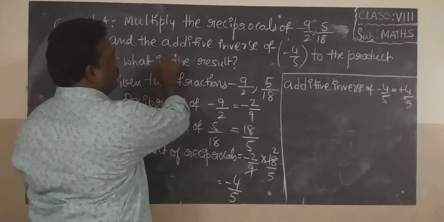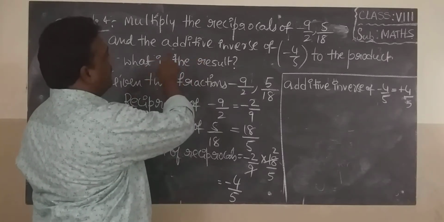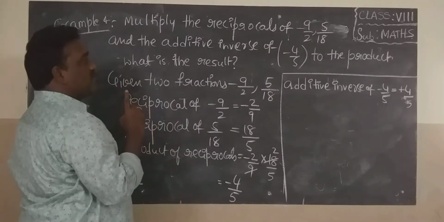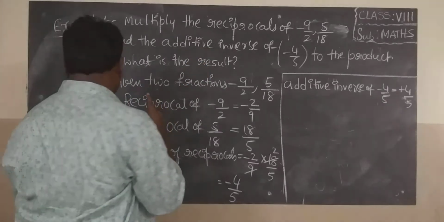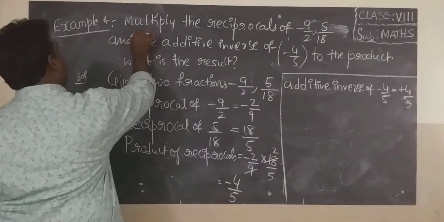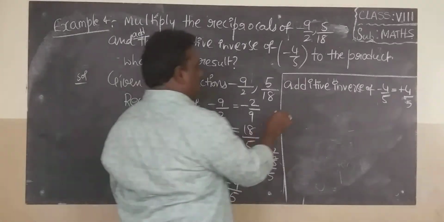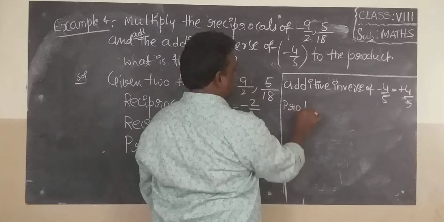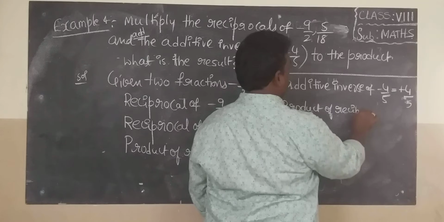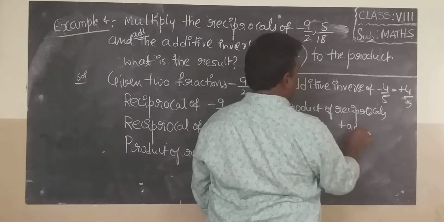Finally, what to do? Add the additive inverse. Multiply the reciprocals of minus 9 by 2, 5 by 18 and the additive inverse of minus 4 by 5. We have to add the product of reciprocals plus the additive inverse.